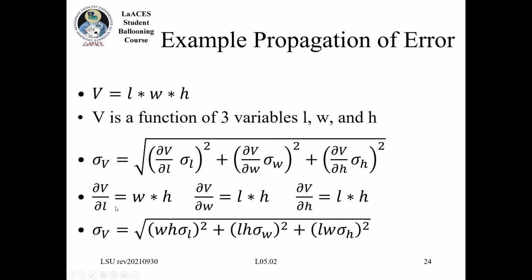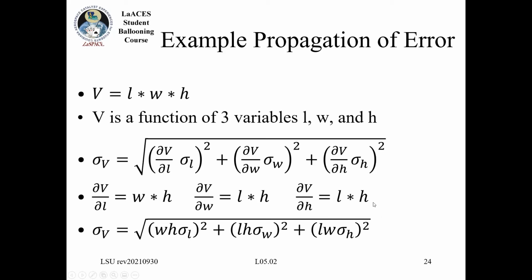So either by knowing the derivatives or looking it up in a table, I can look up, okay, the partial derivative of volume with respect to length: the length just goes away. I get width times height, then length times height. And I'm sorry, I need to correct this.